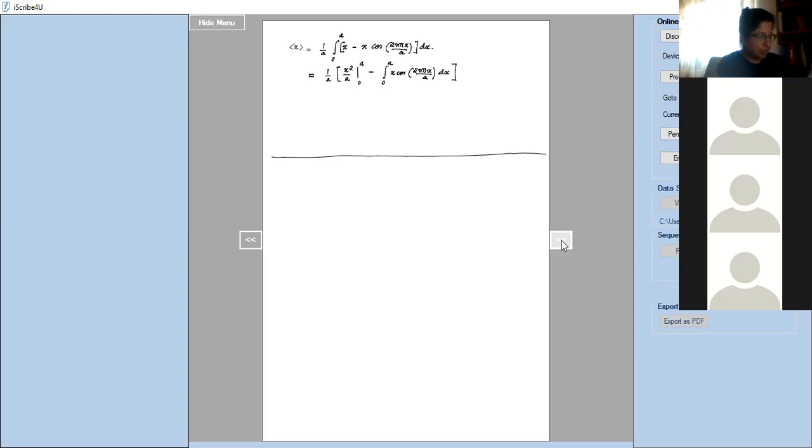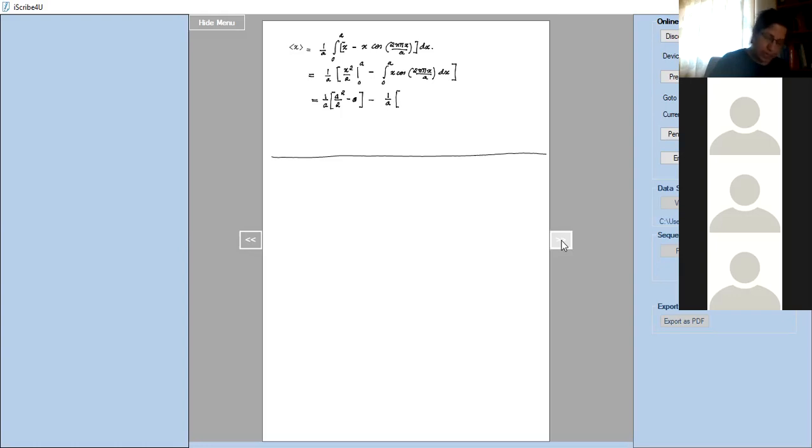That's essentially 1 by a into a square by 2 minus 0, right? That's your first term, minus 1 by a, and then we can write this down.